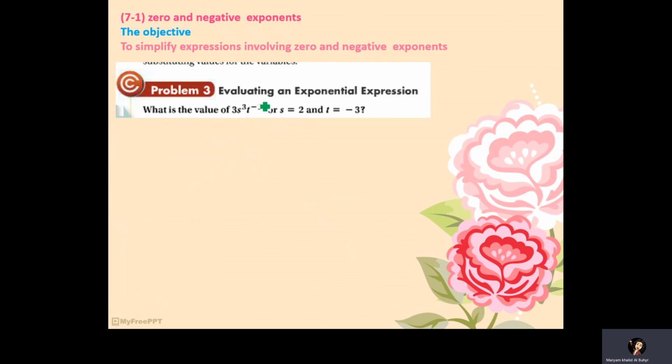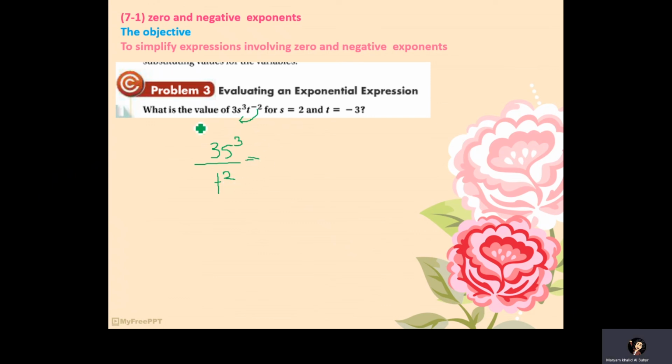Like here, because t to the power -2, we cannot simplify it like this. So let's say 3s to the power 3, then I will move this down to make the power positive. T to the power 2.